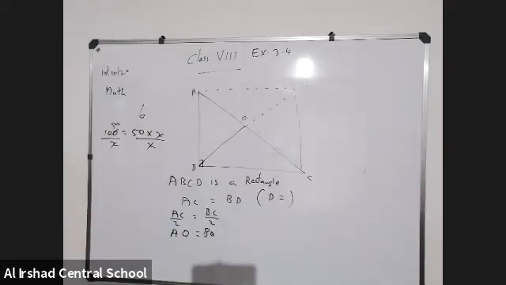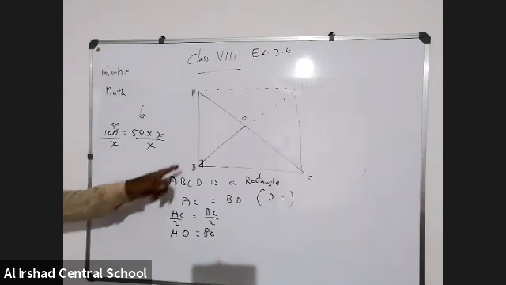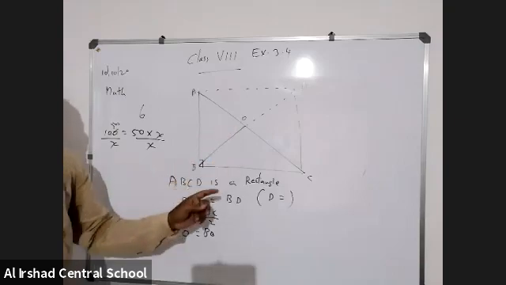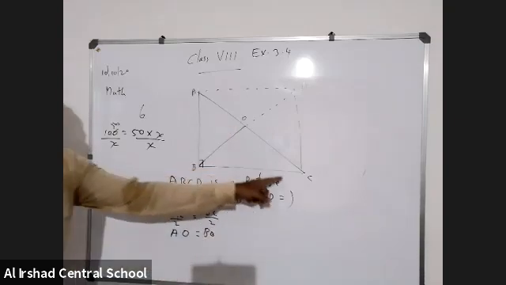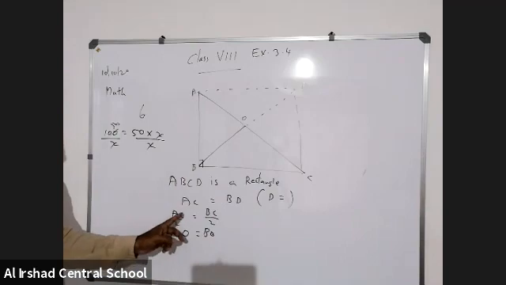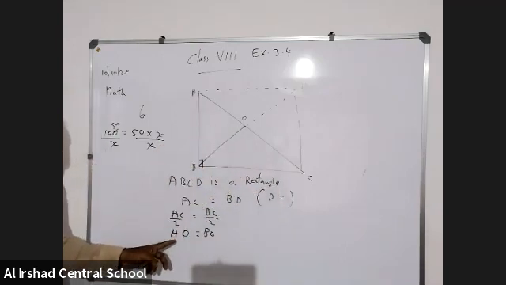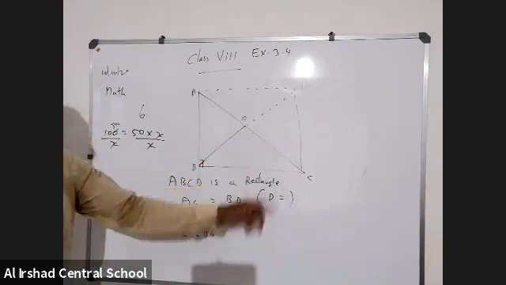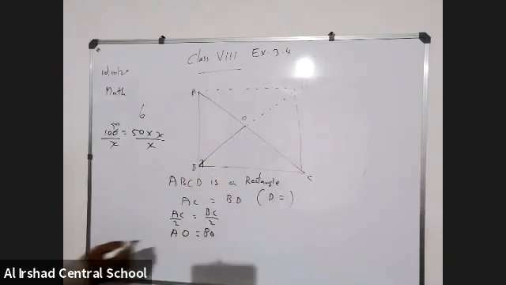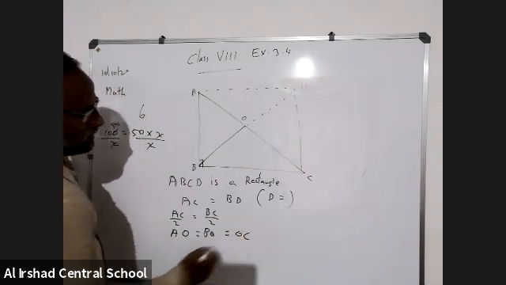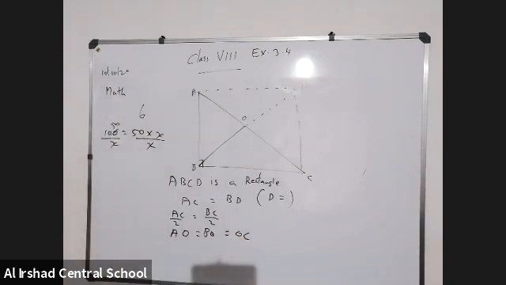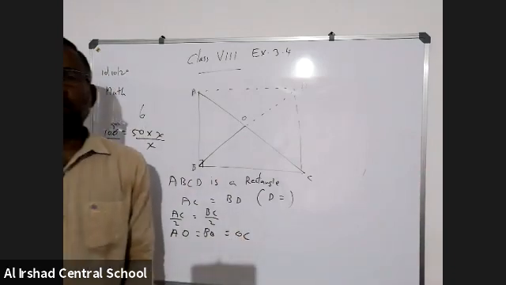I think you understood. AO is equal to BO. Then OC is equal to AO. AO is equal to BO that is equal to OC. And we proved it.